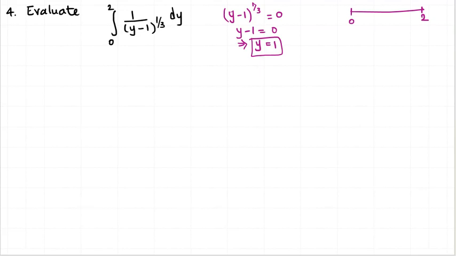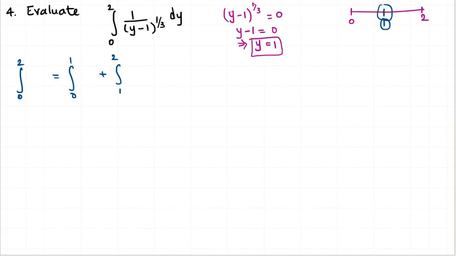Y equal to 1 is in the middle of the given interval. Okay, so at this point, the function becomes unbounded. So in this case, what we have to do, we will be breaking our integral from 0 to 2 as 0 to 1 plus 1 to 2.